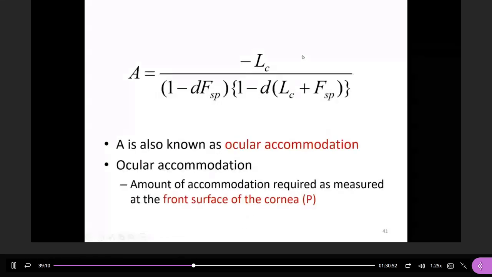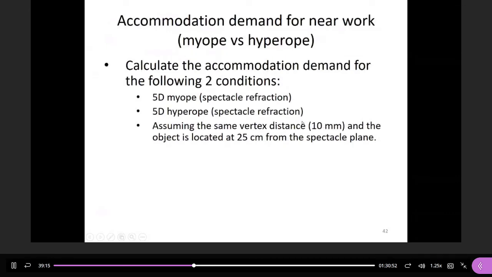So I hope you can memorize this formula, and let me show you with some examples here. The first example is very similar to our previous calculation. First of all, I just want to show you the two subjects. One with 5 diopter myopia. This 5 diopter is considered as the spectacle refraction, not the ocular refraction.